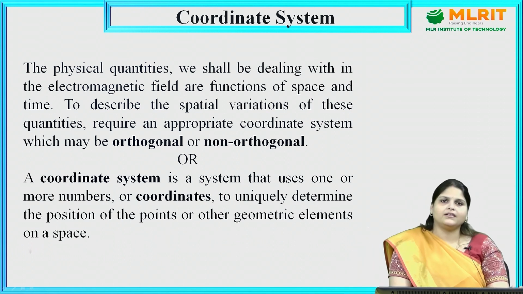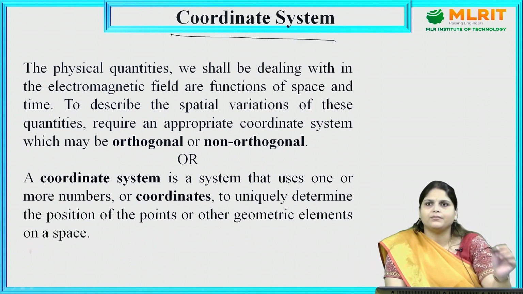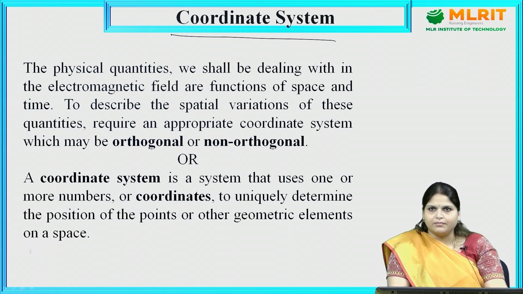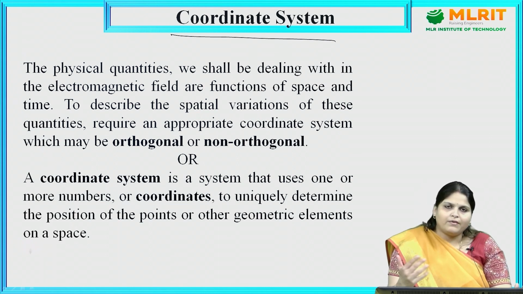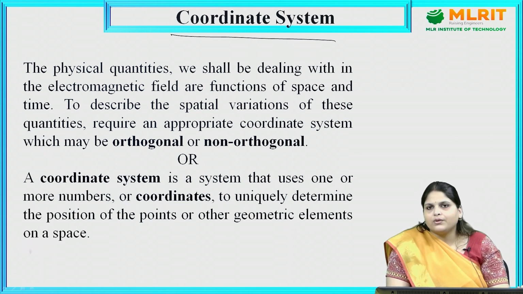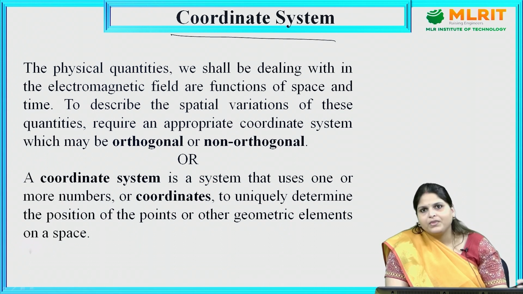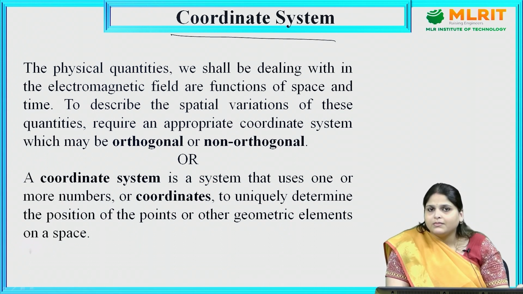Now let us start the coordinate system. So what is a coordinate system? Why is there a need to discuss it? A coordinate system is a system that uses one or more numbers or coordinates to uniquely determine the position of points or other geometric elements in space.